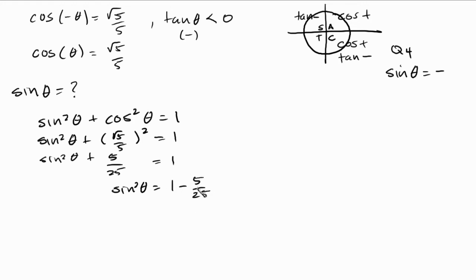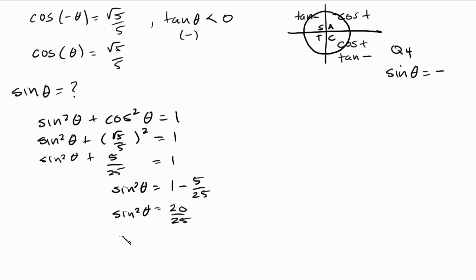And we simplify 1 minus 5 over 25. 25 times 1 is 25, minus 5 is 20 over 25. So basically you're taking the denominator, multiplying it times the whole number, and whatever sign this is, you're either adding or subtracting this last number here. That's what I did here. If you need help with that, I have a video on fractions. So you have sine squared theta is equal to 20 over 25.